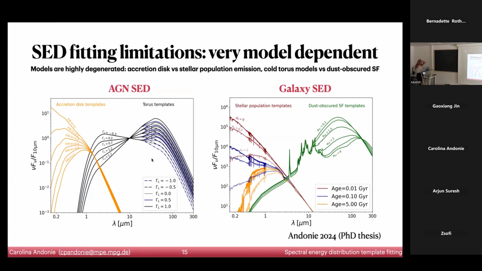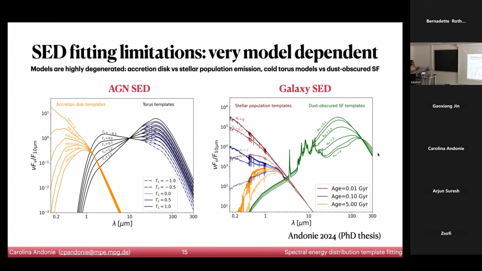Okay, so as I mentioned before, SED fitting has very many limitations, and one of them is that it is very model dependent. So for example, here, the left plot shows two examples of AGN SED. So we have the accretion disk plus the torus, and here the galaxy SEDs with the unobscured stellar population plus the dust obscured star formation.